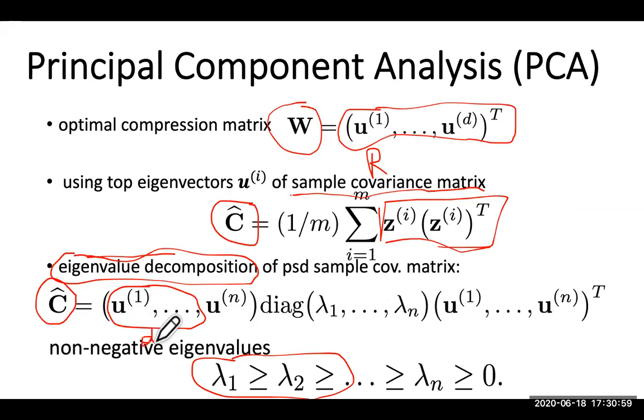And this d, the length of the smaller new feature vector, is typically much smaller than n. N is the length of the raw feature vector. These are the billions of features of a movie, for example. Okay, so in the end, mathematically, principal component analysis is more or less equivalent to an eigenvalue decomposition of a positive semi-definite matrix, in particular of the sample covariance matrix.